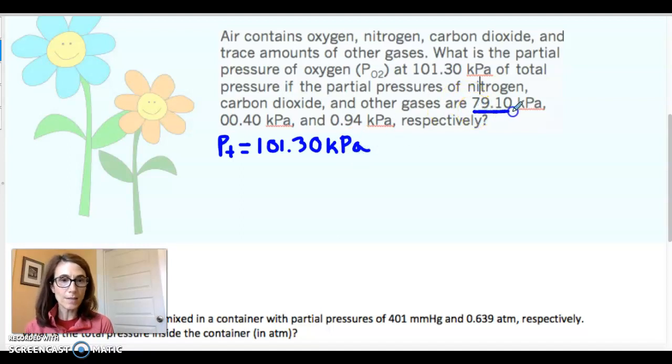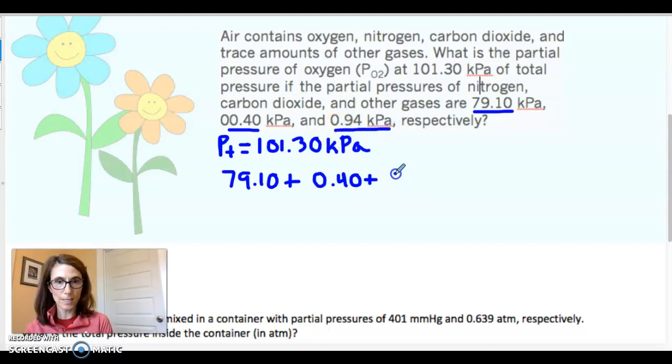For all of these other gases, this is nitrogen, so 79.10, plus this is carbon dioxide, 0.40. And this one here is our trace gases added together. But we're solving for the pressure of O2, so we're just going to put plus X equals 101.30.